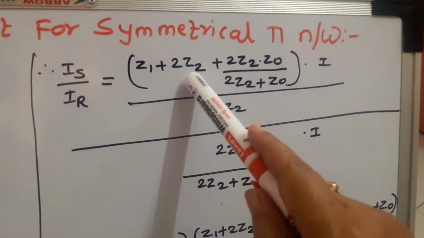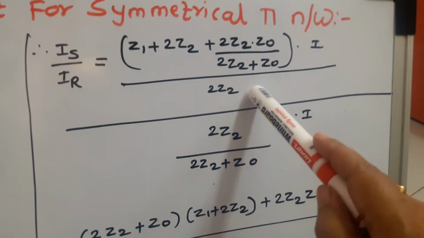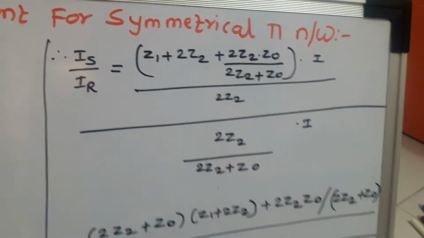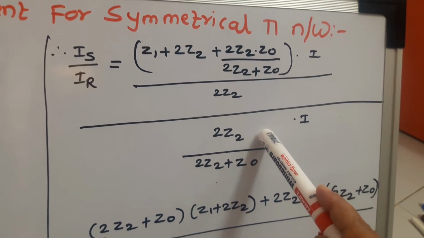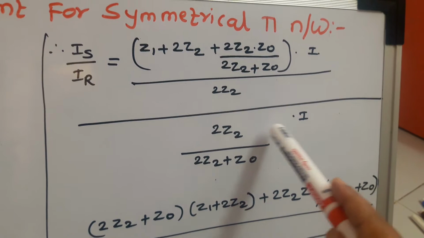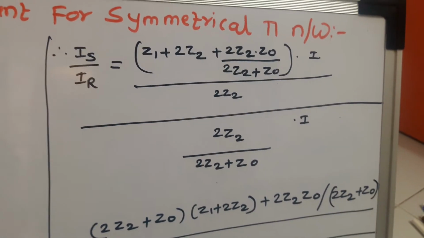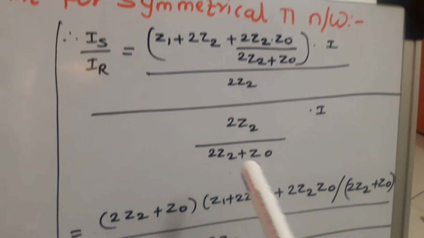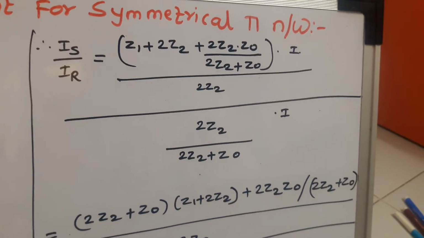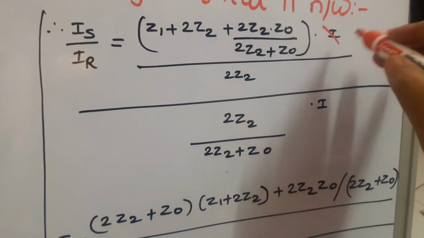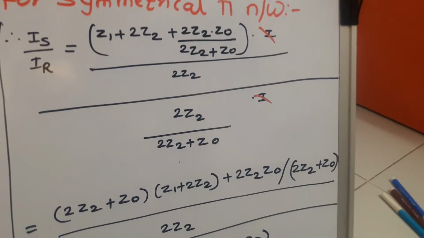This denominator into I divided by 2 times Z2 is Is, and it is divided by equation number 1, IR, that is I into 2 times Z2 divided by its denominator, that is 2 times Z2 plus Z0. Now here the I and this I will get cancelled.